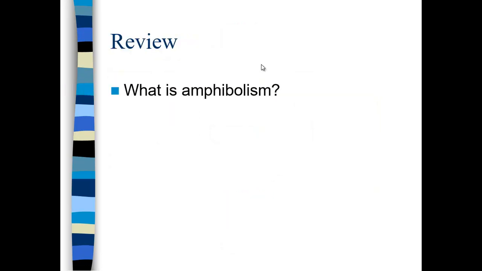Okay, so first of all, what is amphibolism? Amphibolism is the fact that catabolic and anabolic processes go on at the same time. Some are direct reverse of each other, like gluconeogenesis and glycolysis. They go on at the same time in order to optimize cell metabolism.